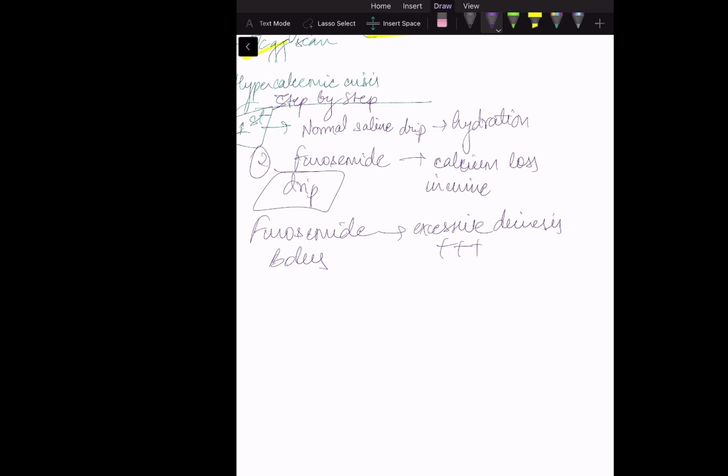So you should give furosemide drip, because you need calcium to be lost and levels to decrease. Then the third is IV ibandronate. Always remember this.